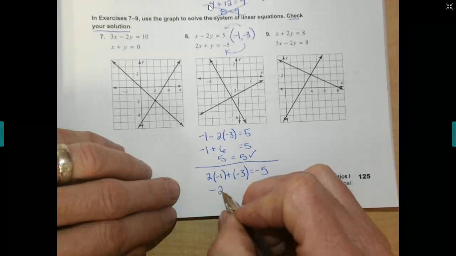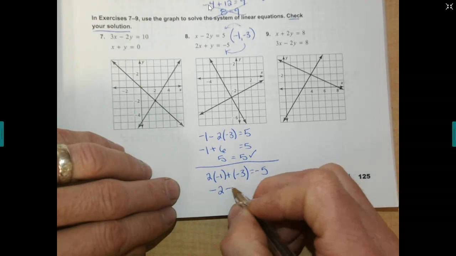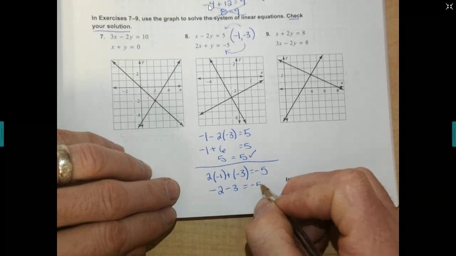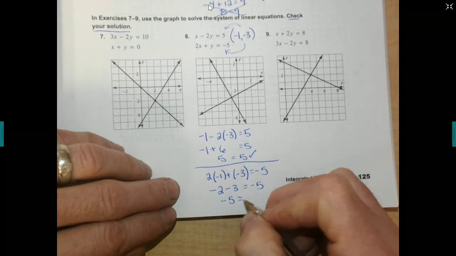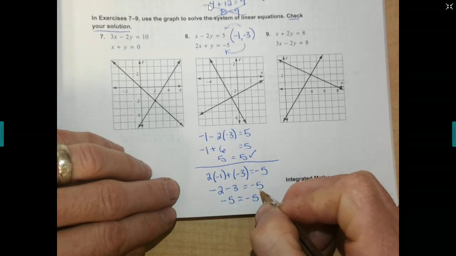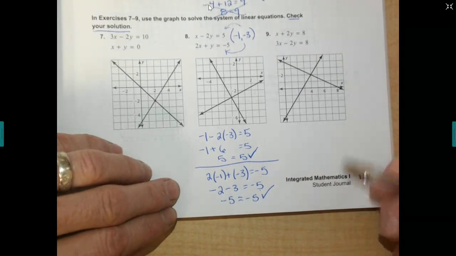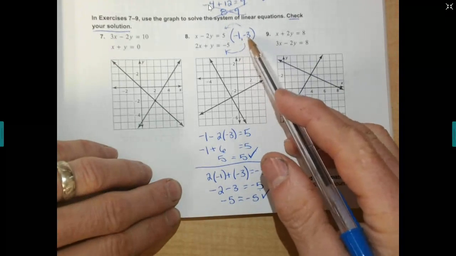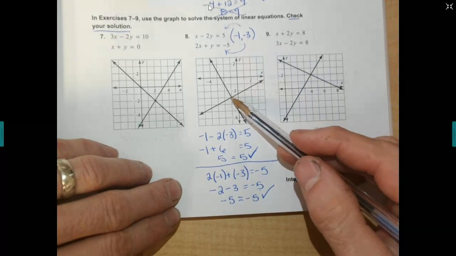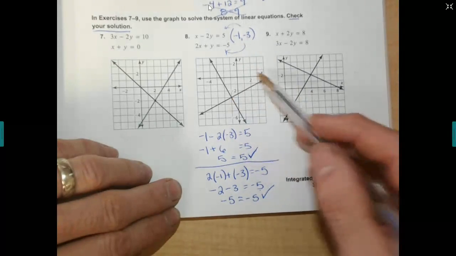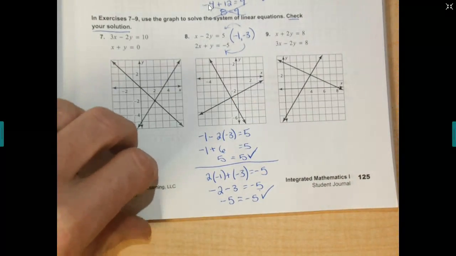So I have negative 2 plus a negative 3 is negative 5. Negative 5 equals negative 5. That checks out. So my answer was correct. (-1, -3) is a solution for this set of linear equations.